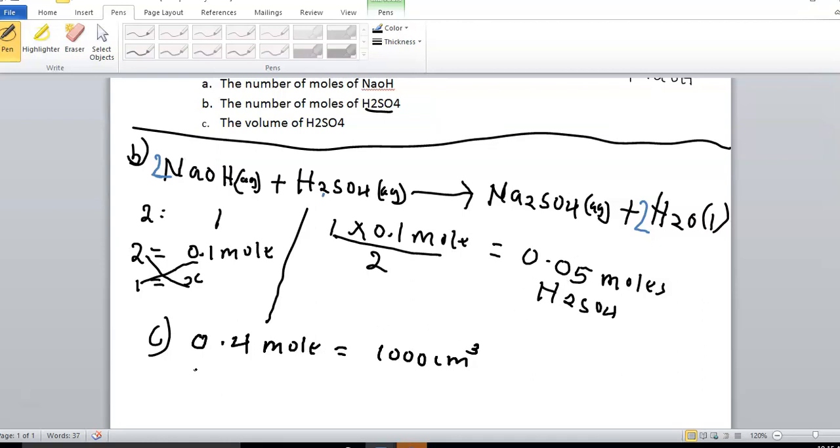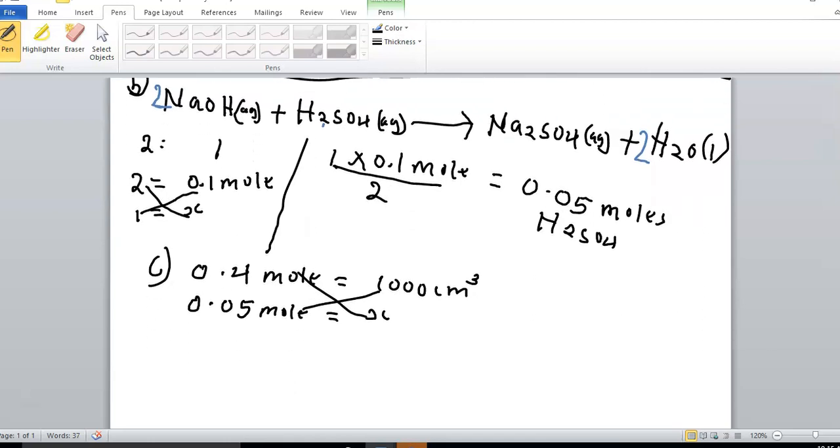So how do we do it? We put it here: 0.05 moles of the sulfuric acid used. How much volume will it be equal to? We do cross multiplication. After the cross multiplication, this is what we get: 0.05 mole multiplied by 1000 centimeter cubed, then divided by 0.4. Then what do we get?